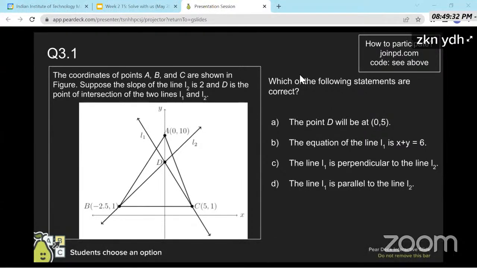Then I checked option 1: if D lies on L2, it should satisfy the equation of L2. The point (0,5) is not satisfying. So I went for option B, x plus y equal to 6. If C is lying on L1, the point C satisfies the equation x plus y equal to 6. So option B is correct. And if option B is correct, we get the equations of L1 and L2, so that we can get M1 and M2.